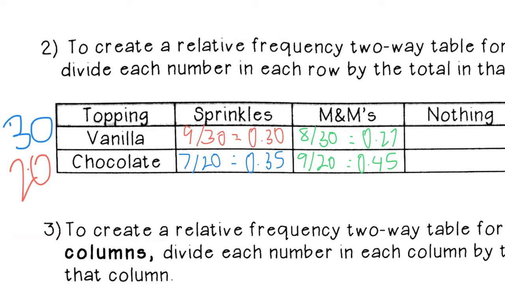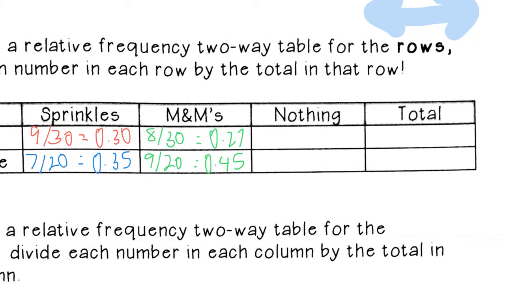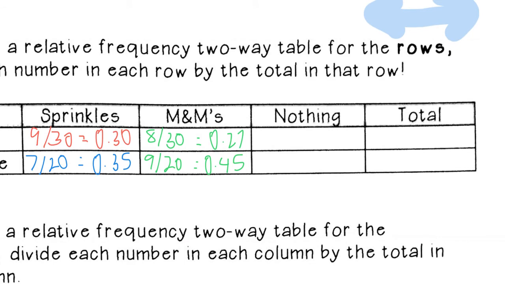So if we continue that same pattern, we go through here. Nothing is a 13 over 30, which is equal to 0.43. And then our last one is 4 divided by 20, which is 0.20. So if we look, our totals, remember, we had 30 over 30, which is equal to 1.